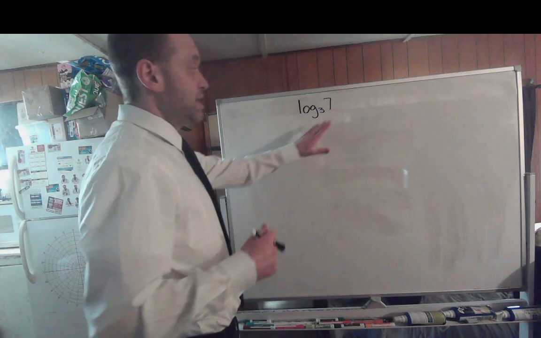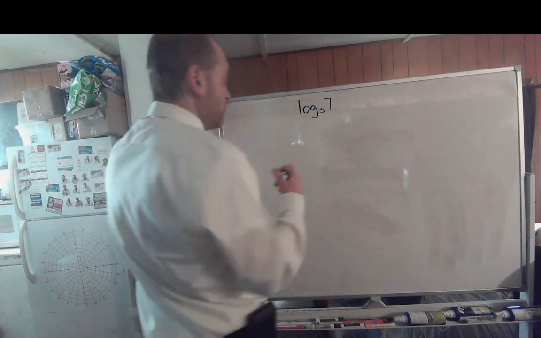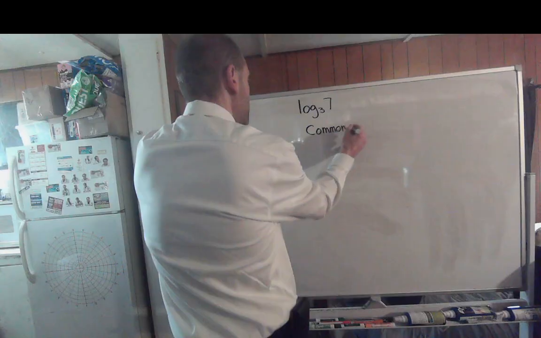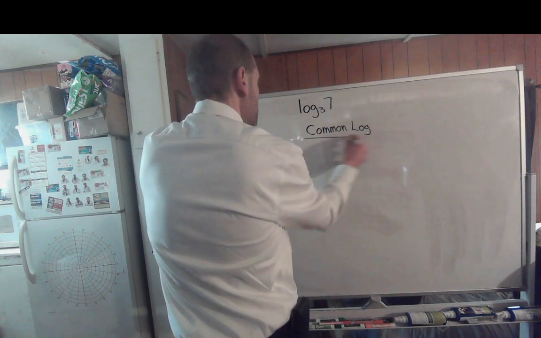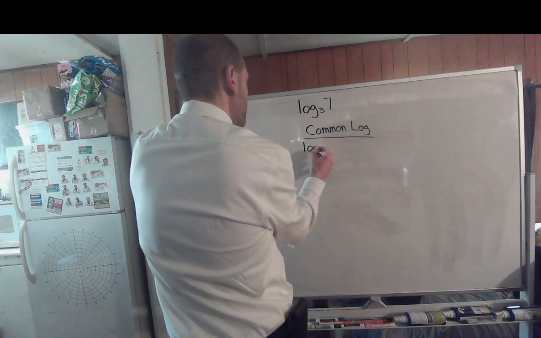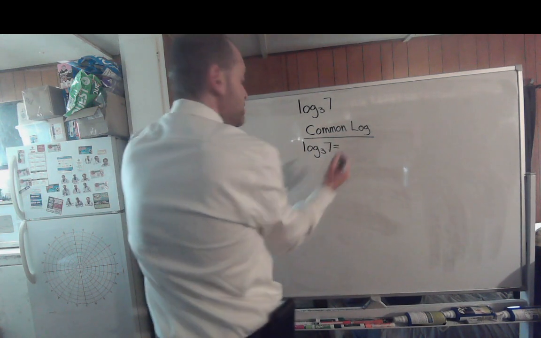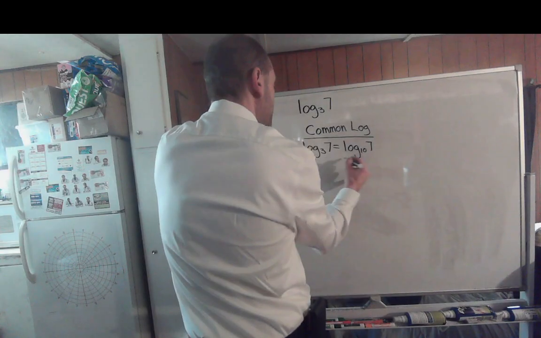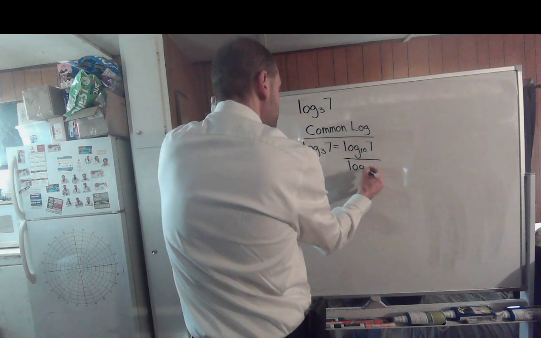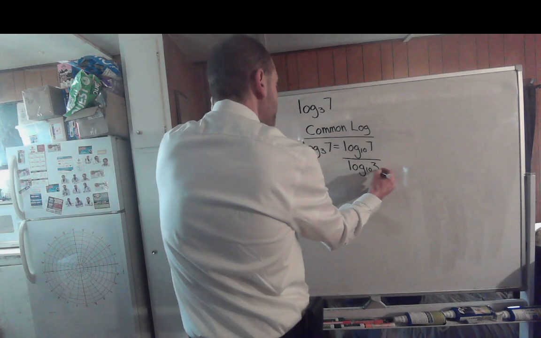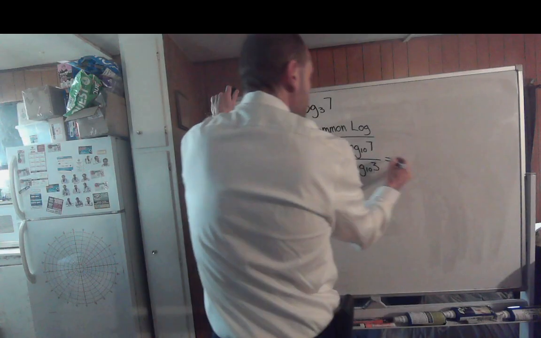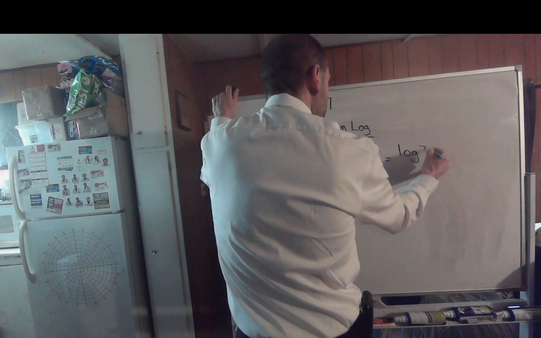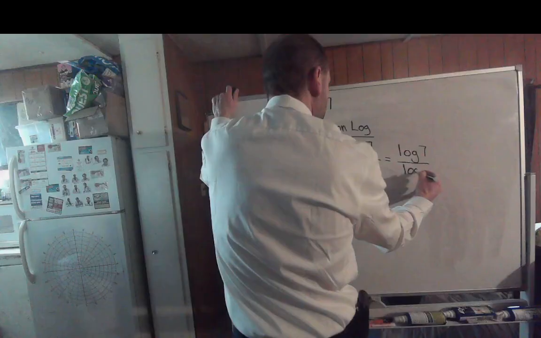So if we're going to use the common log, this log base 3 of 7 would be equal to log base 10 of 7 divided by log base 10 of 3, which in your calculator you'll only see log. It's by default set for base 10, so you would input log 7 over log 3.